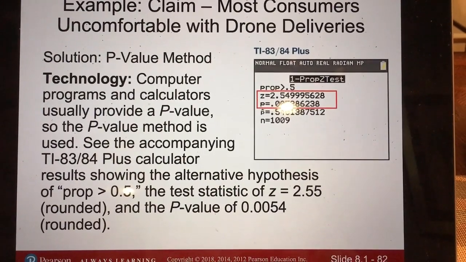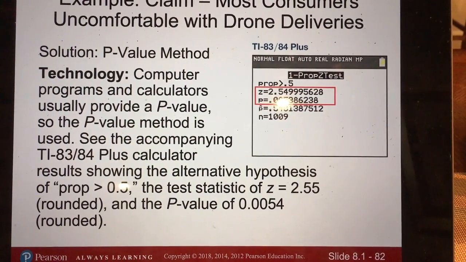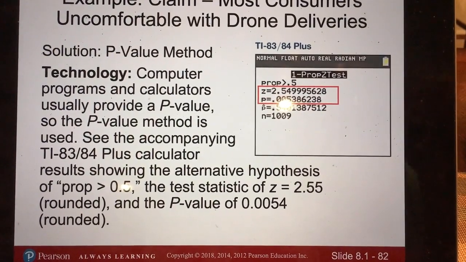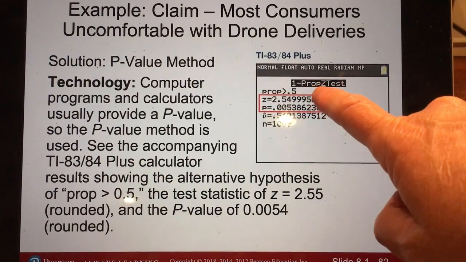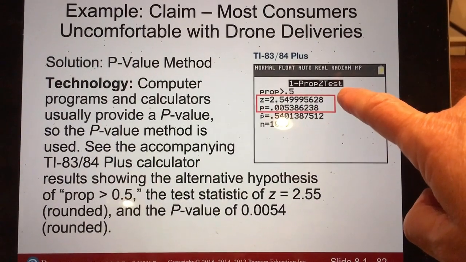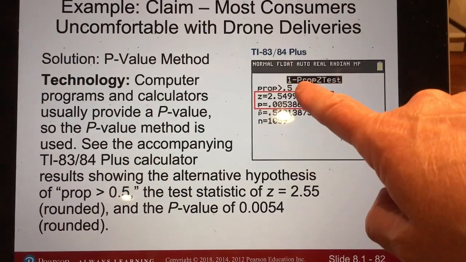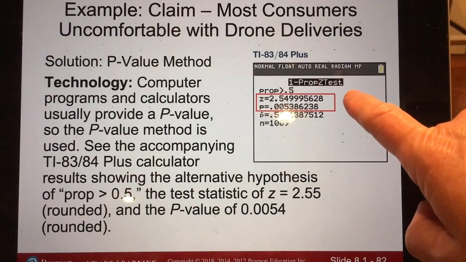So then they're showing us how to go to technology. Now remember, in 7.1, we used something called prop z int for the interval on the proportion, but now we're going to use prop z test.